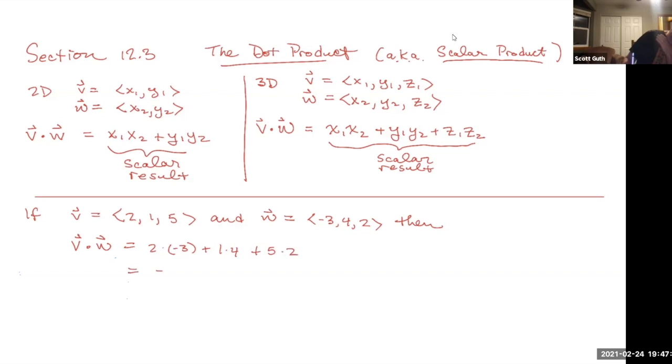So that's negative 6 plus 4 plus 10, and I think that's 8, right?